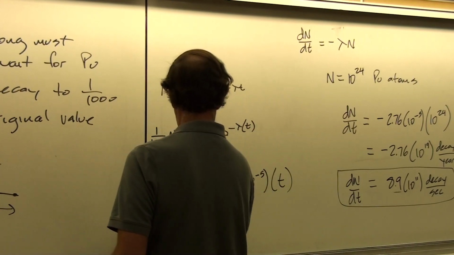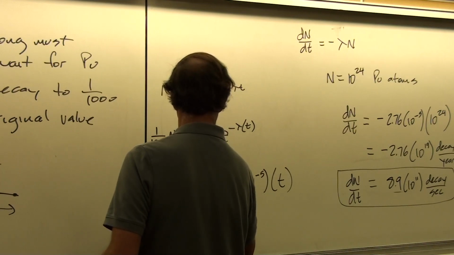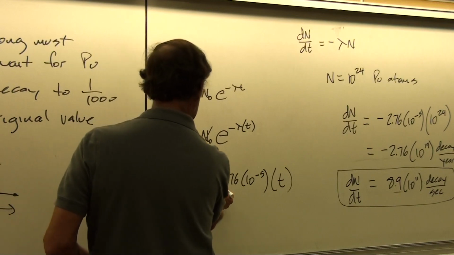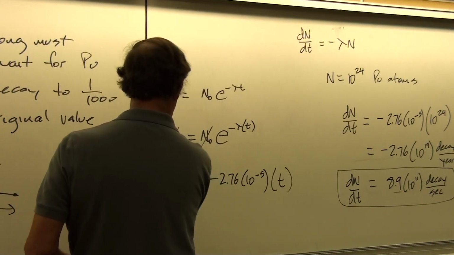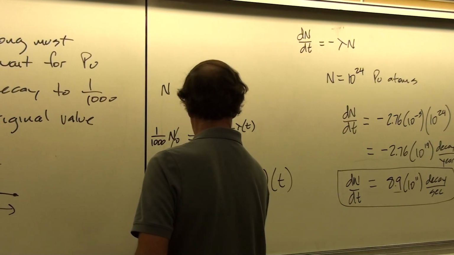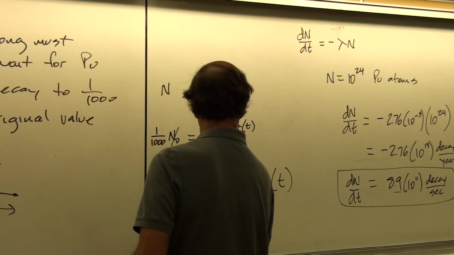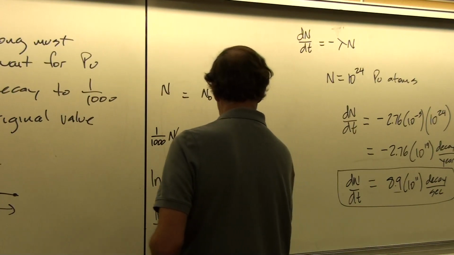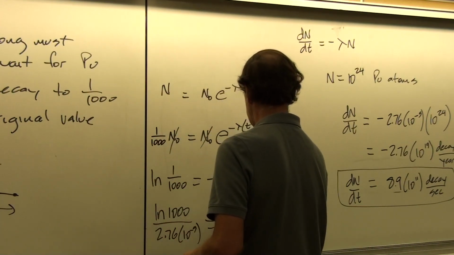And so this is the natural log of 1,000. And there's a negative out in front of that, so that's going to cancel out this negative. So you have natural log of 1,000 divided by 2.76 times 10 to the minus 5. That gives us 248,000 years.